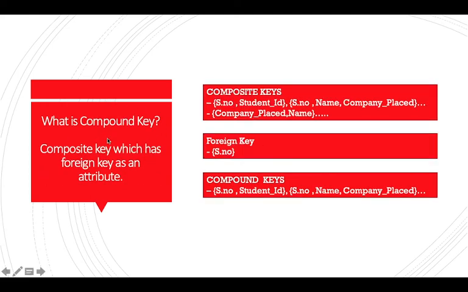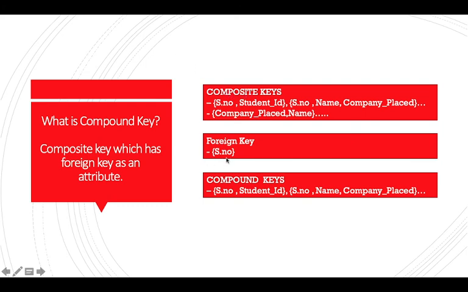All right. Moving ahead, we have compound key. This is the last key that we are going to understand. Compound key is a key which has a foreign key as an attribute. If you remember, what was the foreign key that we chose? Sign number, right?